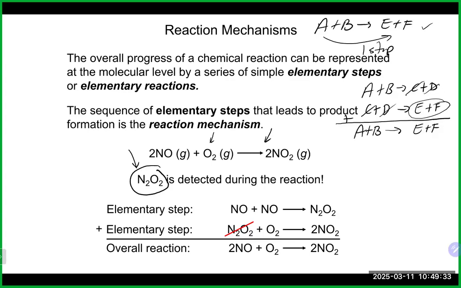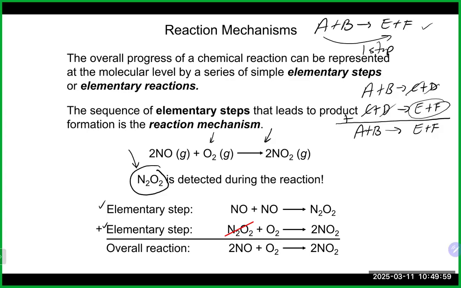So one possible explanation of how this mechanism or this reaction takes place is to use what are referred to as elementary steps. Elementary reactions are the individual reactions that when you put them together, give you the overall reaction that you're looking for. So it's kind of like building your overall reaction.